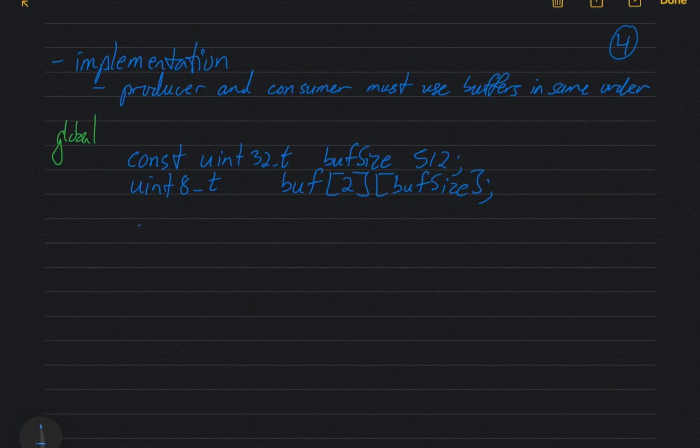Okay, and then we've got our hypothetical semaphores here. Empty is initialized to 2, full is initialized to 0, and these semaphores really just stop the consumer from catching up to and overrunning the producer, or the producer from catching up to the consumer and overrunning it, like filling buffers that haven't been emptied yet.